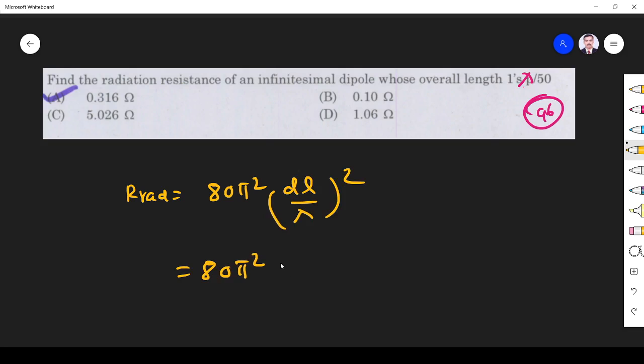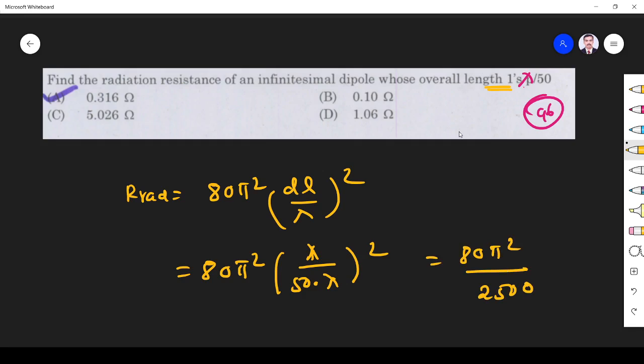Here dl is lambda by 50, so (lambda by 50 into 1 by lambda) squared. So it is 80 pi square divided by 2500. The overall length is lambda by 50, sorry, dl is equal to lambda by 50. That's what I have substituted here.